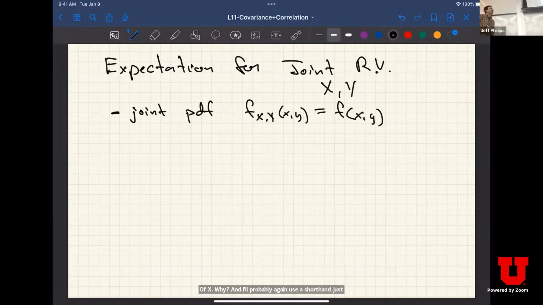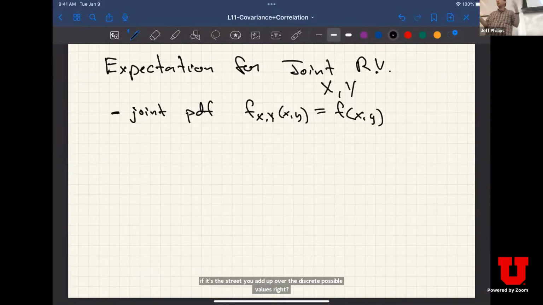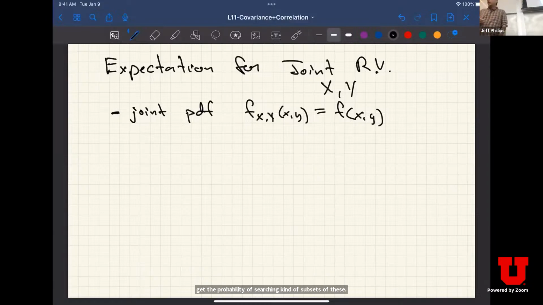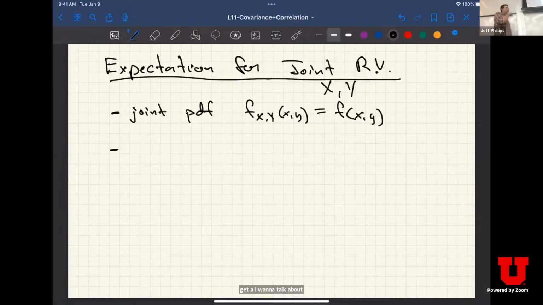This is the thing that you integrate to get the probability distribution, or if it's discrete, you add up over the discrete possible values to get the probability of certain subsets of these values. But I want to talk about expectation for these joint random variables, and expectation, at least in this class, we'll think about as being a single scalar value.